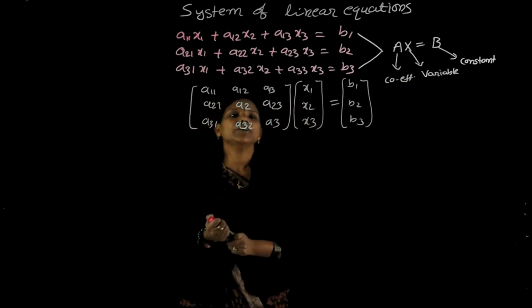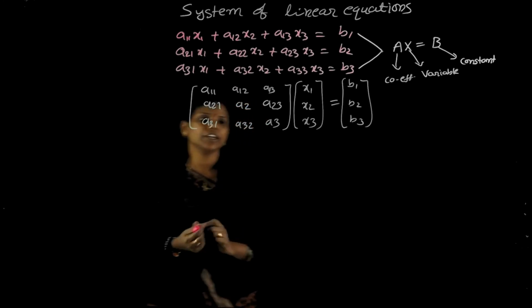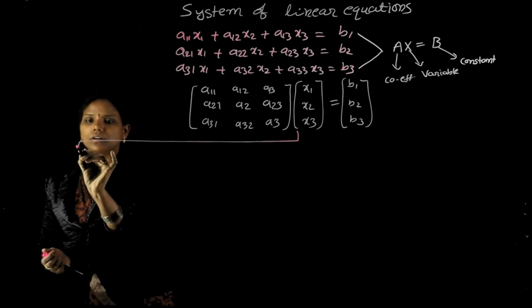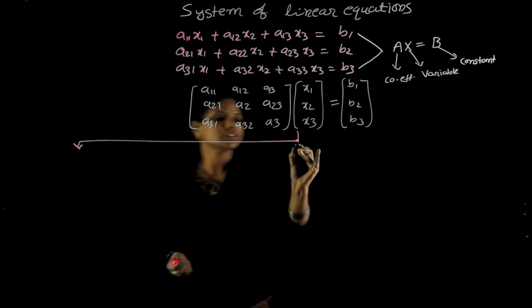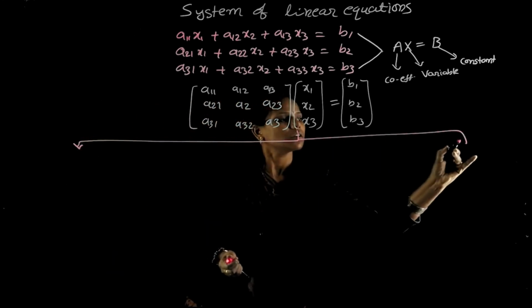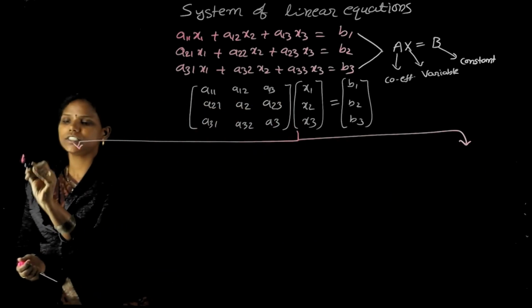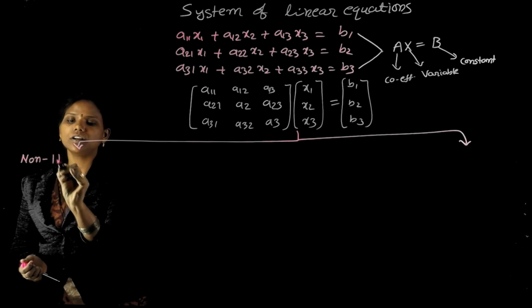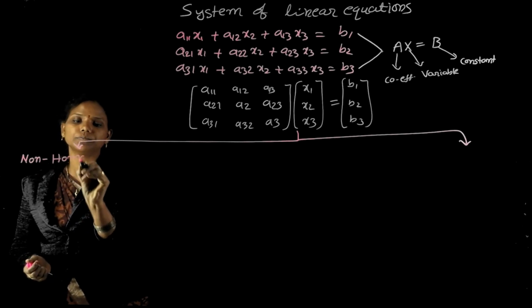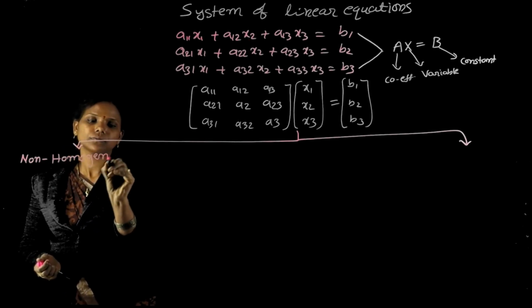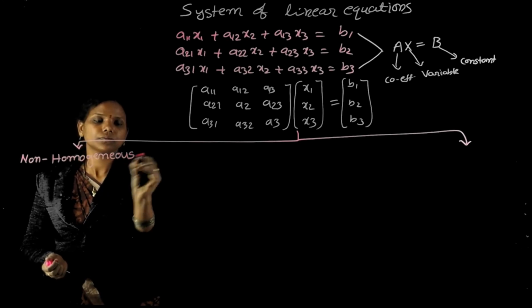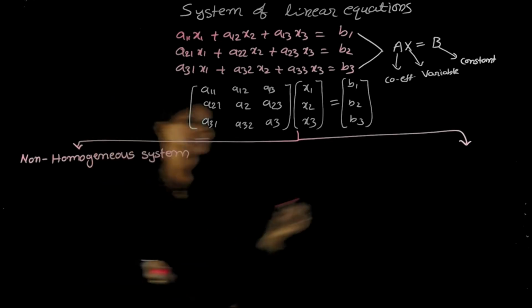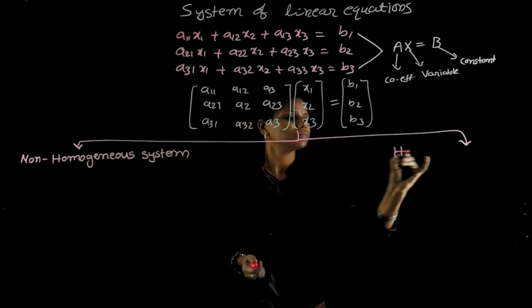Now, here we can get two types of systems again. One is non-homogeneous system, and the second one is homogeneous system.